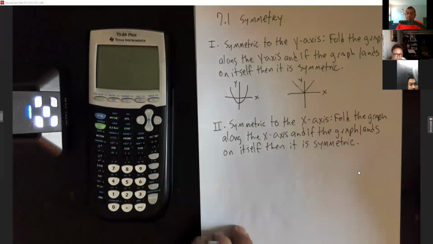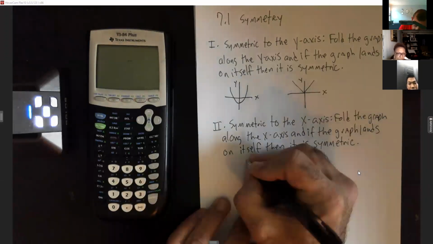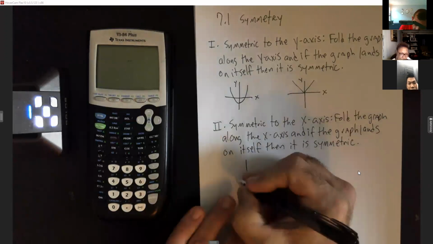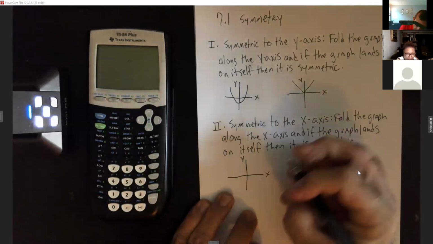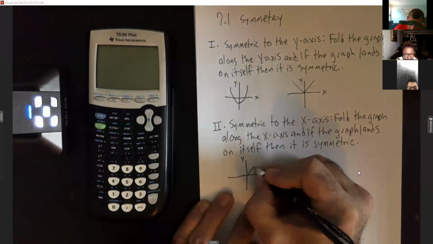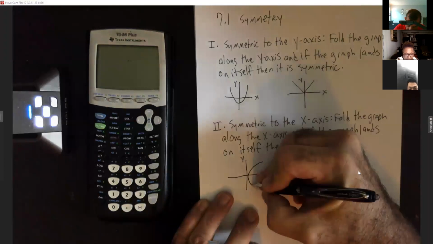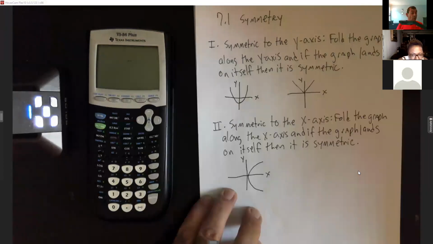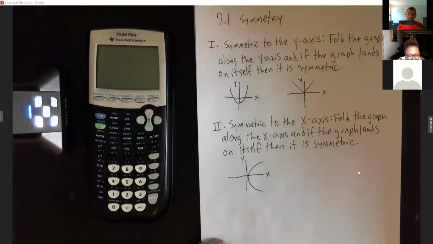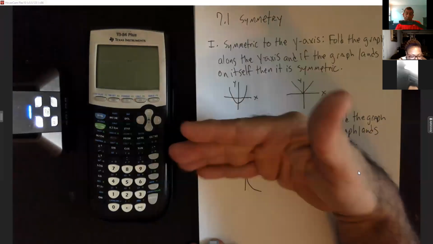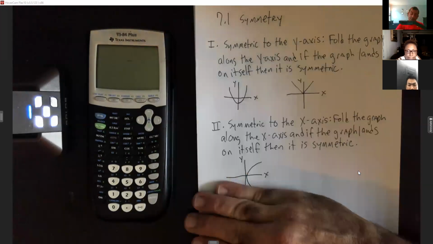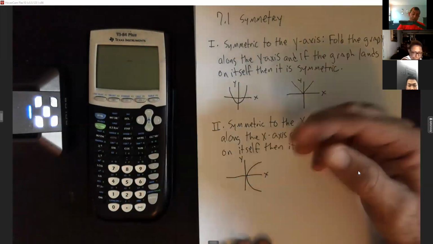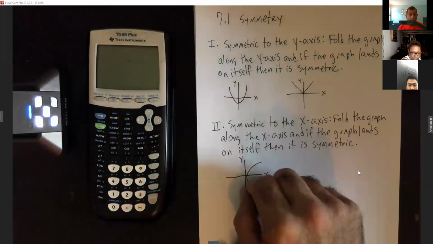All right, so I'll draw a few pictures of being symmetric to that x-axis. All right, so to be symmetric to the x, I could have a graph that opens to the right, so that if I took my graph this time and folded it down across the x-axis, this top part of my graph would land right on top of the bottom.